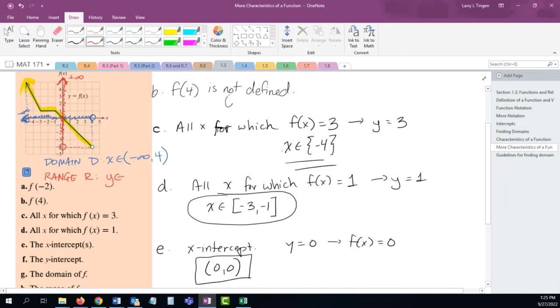The range, and remember the range is the y variable, all the possible values of y, picks up at negative 4 and runs to positive infinity. Infinities never get a bracket because they're never included. Negative 4 also does not get a bracket because there's that open circle.